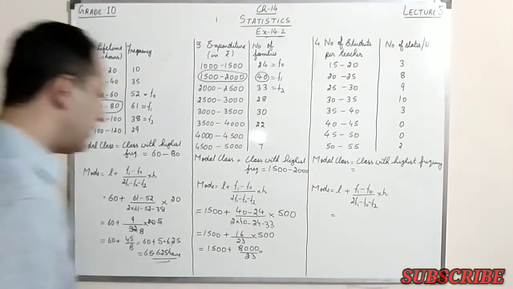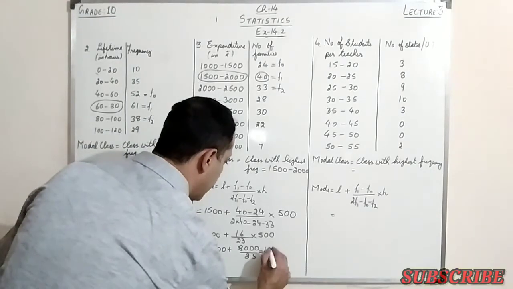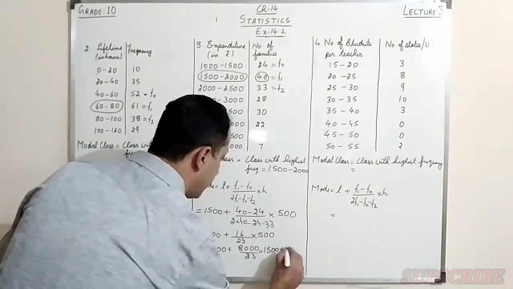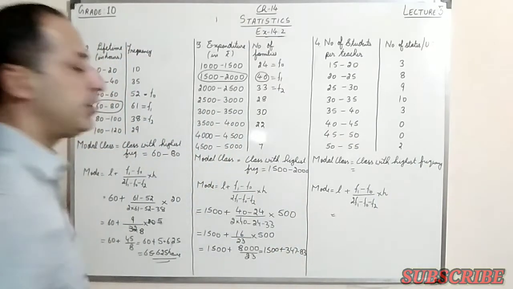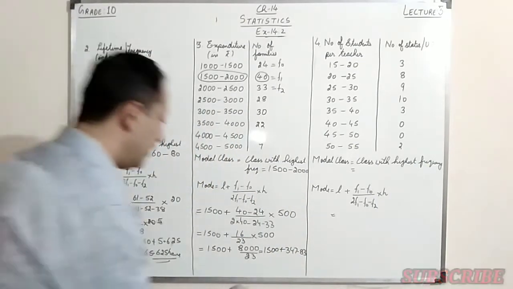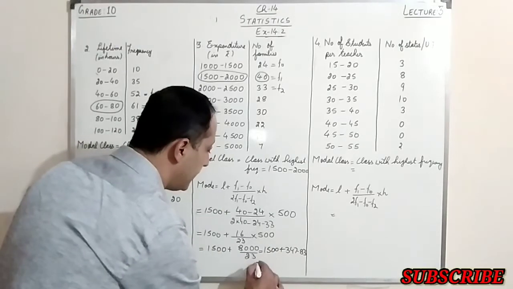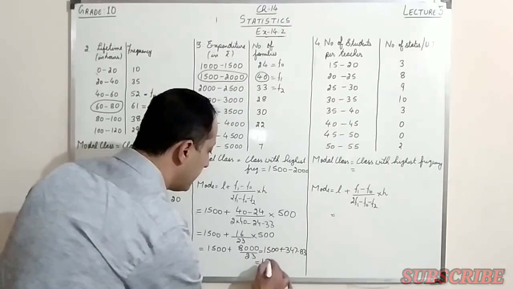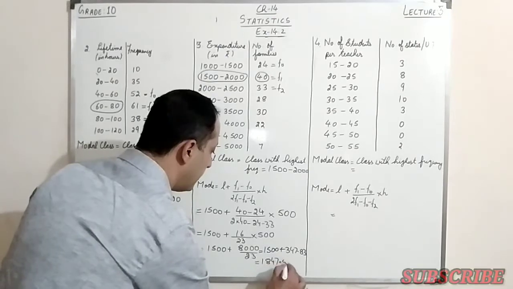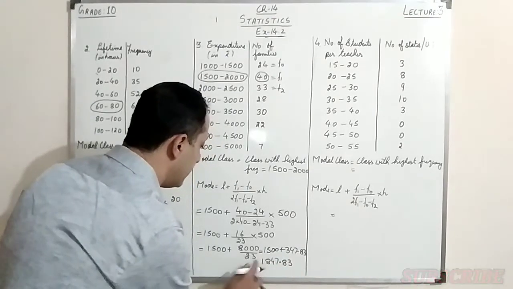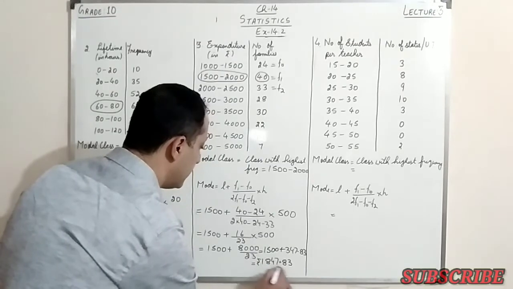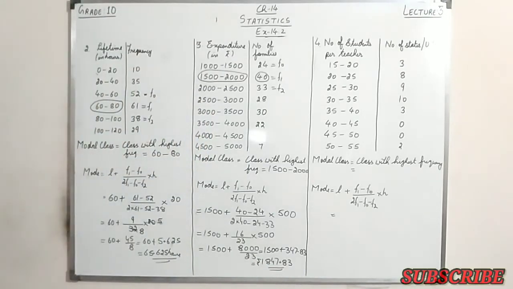After dividing, we get 1500 plus 347.83. We round off this value because we'll get a non-terminating repeating decimal. So this is 1847.83, and this is in rupees. So this is our answer, the modal expenditure for the given data.